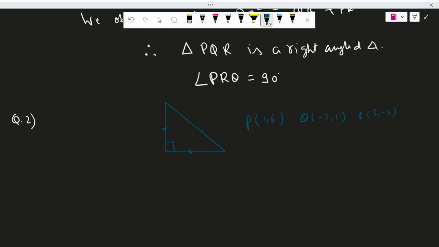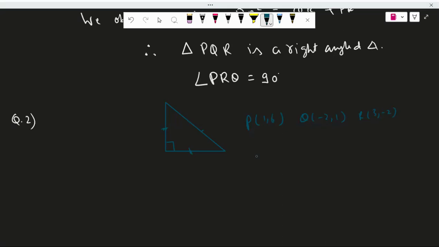Actually, we have to prove that triangle PQR is a right angled isosceles triangle, which means one of the angles is 90 degrees and the lengths of two sides are also equal.